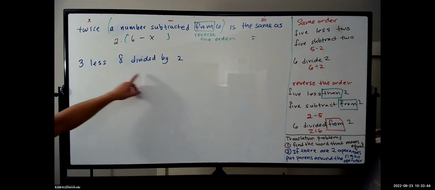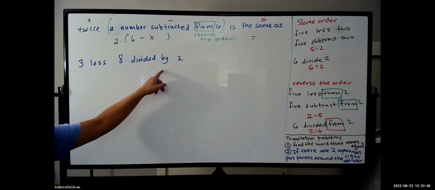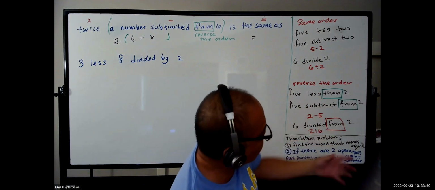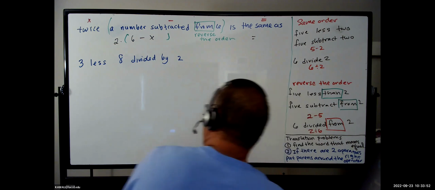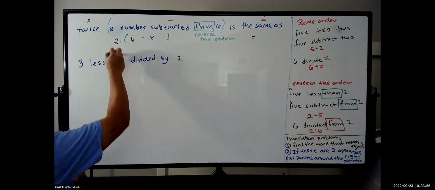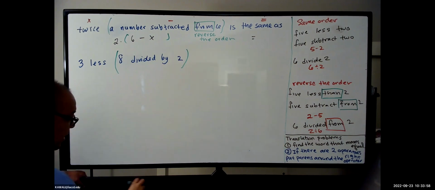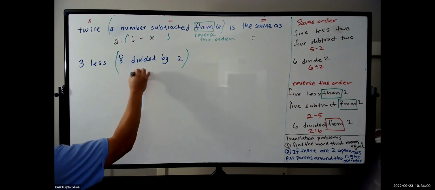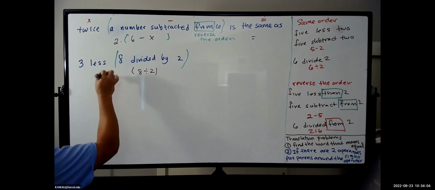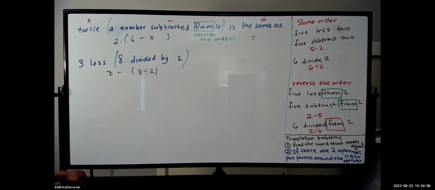And then let's go backwards here. Now, notice that this word is by. There's no word by over here. By does not reverse the order. So this over here, when we go backwards, that'll just stay like it is. 8 divided by 2. And then 3 less is 3 minus.